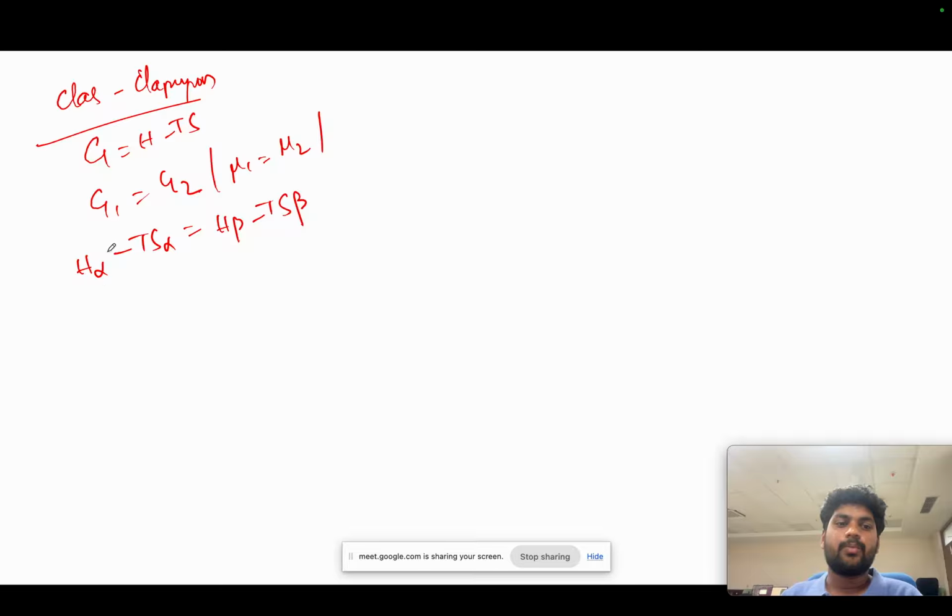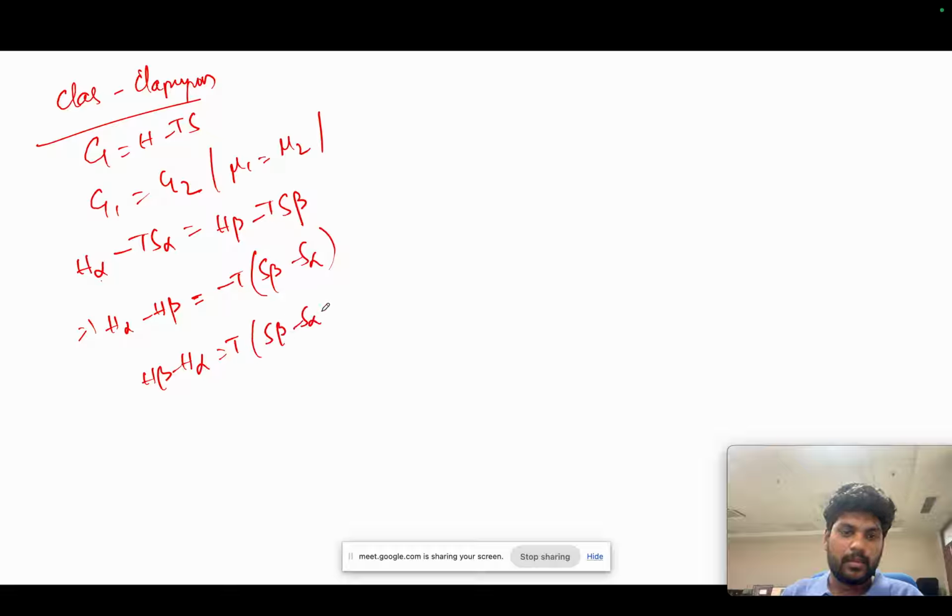One component is going from alpha to beta, so H beta minus H alpha equals T of S beta minus S alpha.